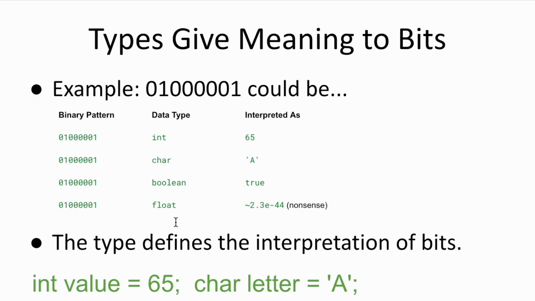When you declare a variable in Java, the type tells the system how to interpret the raw binary data stored in memory. These two variables will have the same bits like this, but because one is declared as an int and the other as a char, the JVM treats the value as the number 65, or the letter A, the uppercase letter A. That's the power of types.